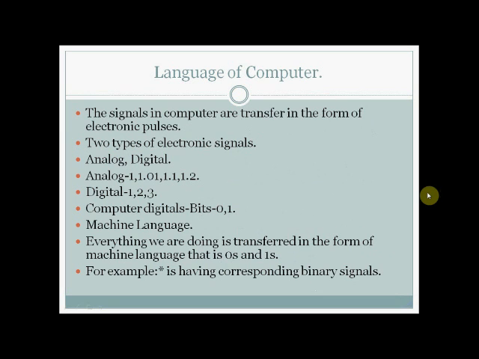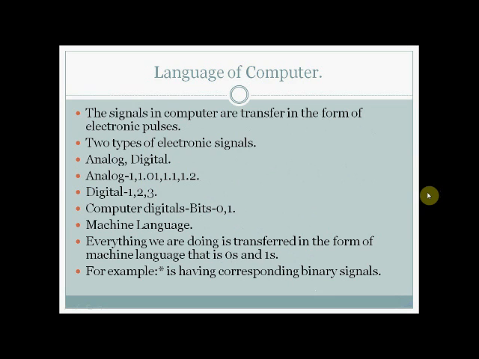Language of computer. The signals in a computer are transformed into electronic pulses. There are two electronic signals: analog signals and digital signals. In analog signals, while moving from a particular number, for example, from 1 to 2, you have to cover an infinite number of real numbers between 1 and 2, while in digital you directly jump to the number.